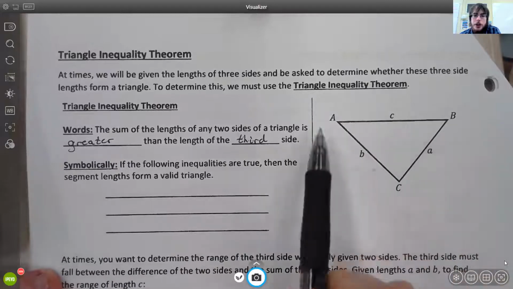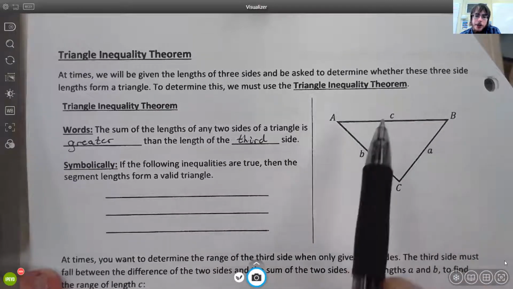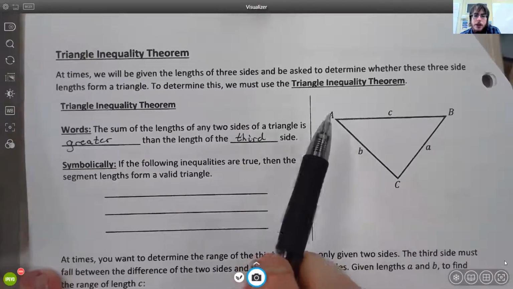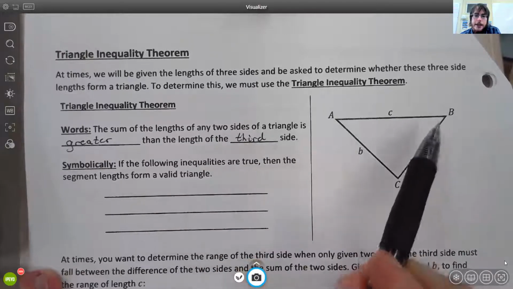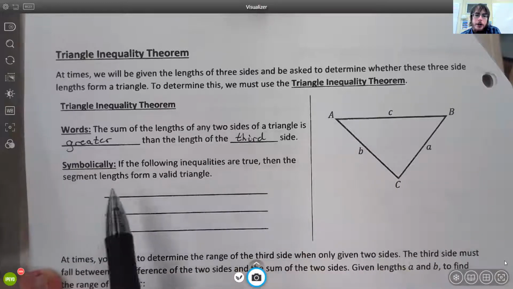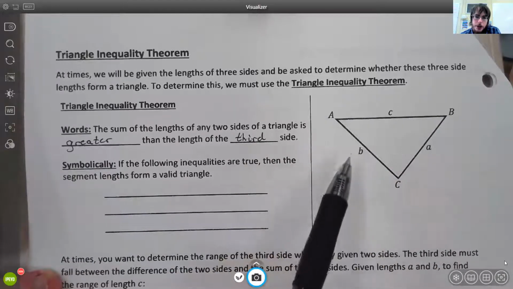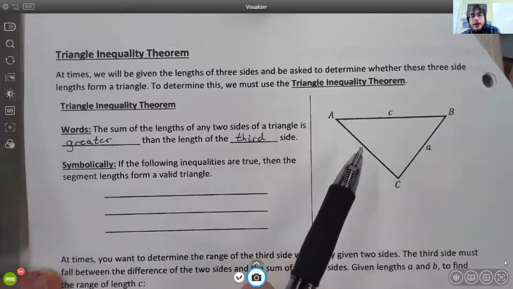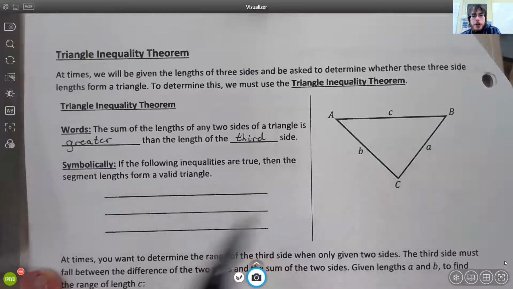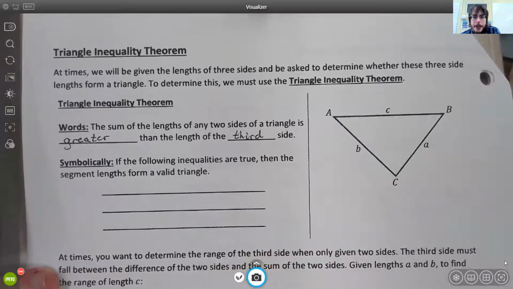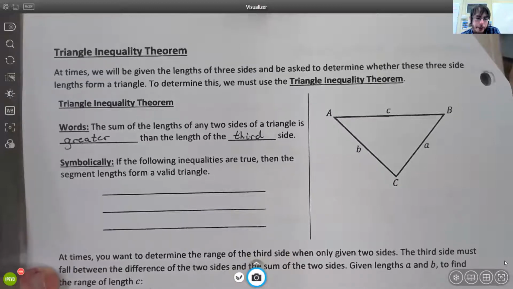And we're going to use triangle ABC over here as an example, okay? So our three sides are AC, CB, and AB. So that's how we're going to write ours, but we're also going to write it using the little letters here. A, B, and C are just side lengths, and those would just be replaced with numbers. So those could be 7, 8, 12, whatever it needs to be.